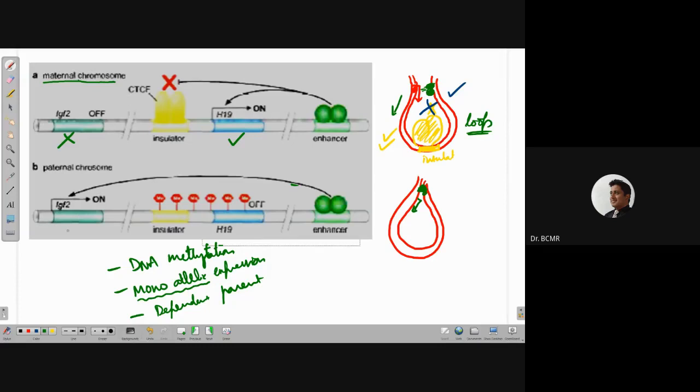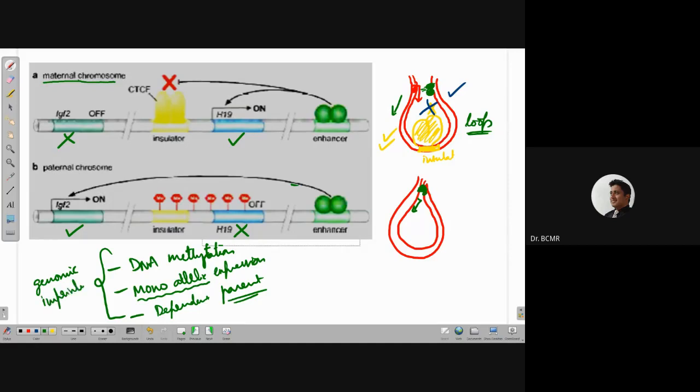IGF2 is always expressed from the paternal chromosome and H19 is switched off. So it is following the sex of the parent. I mean, the expression pattern is dependent on the parent of origin. So these three things are the prime parts of genomic imprinting. If you need, you can always watch more YouTube videos, or I'll try to post a video when I make one. But this is simple.